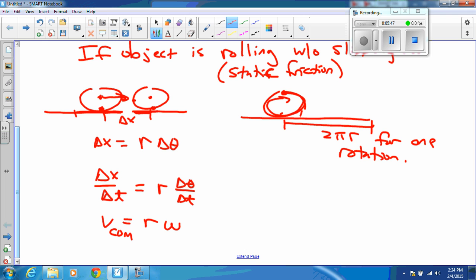If the point is on the bottom of the circle, then that velocity will be backwards, right? If the point is on the top of the circle, then that velocity will be forwards, and if it's on one of the sides, then it will be up or down. Nevertheless, the speed of the center of mass will be equal to r times omega.